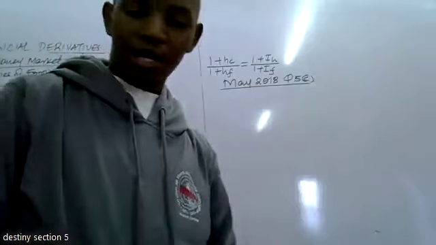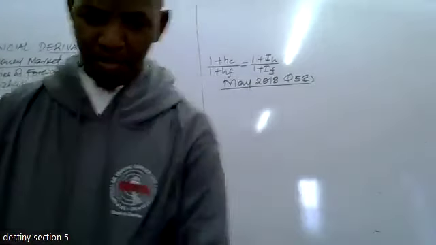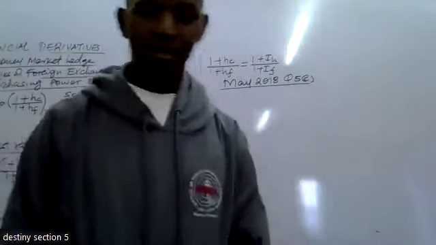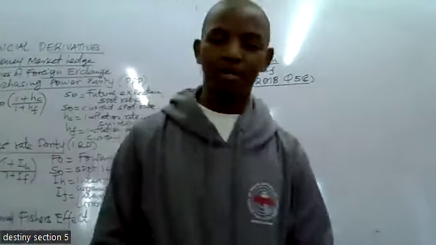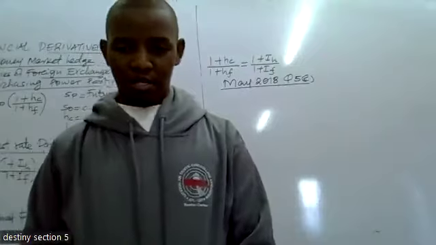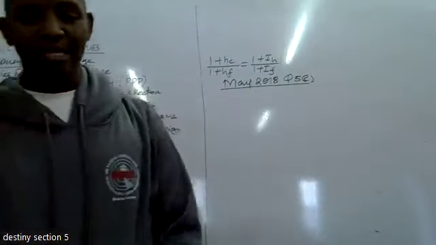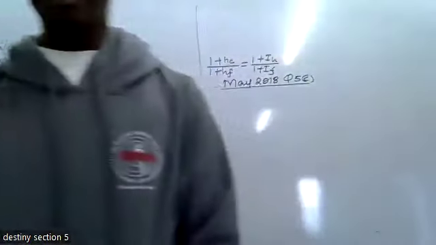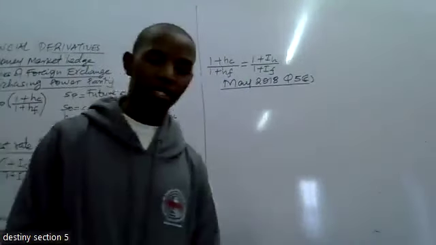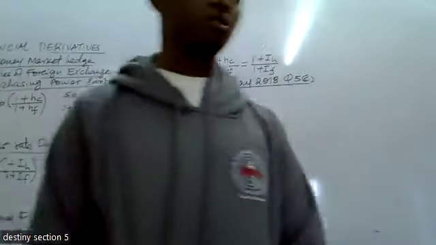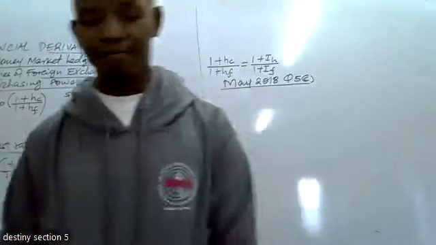Now, let's continue. The spot exchange rate is 2.349 euros per United States dollar, and the 6-month forward rate is 2.412 euros per USD.